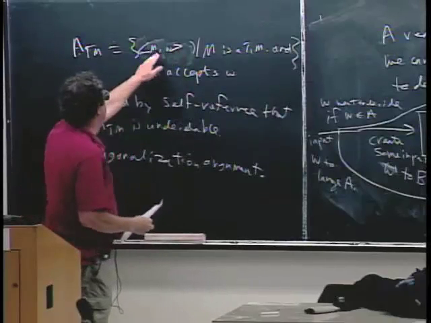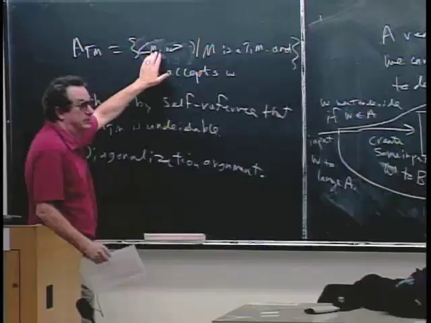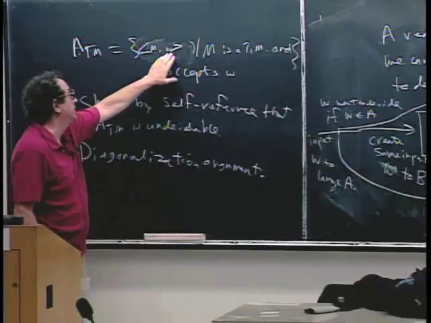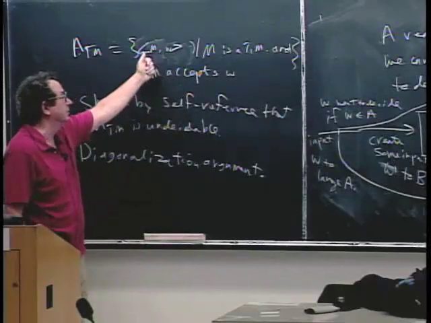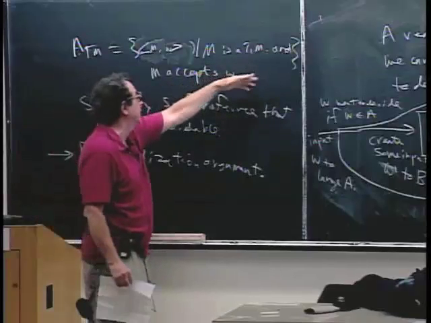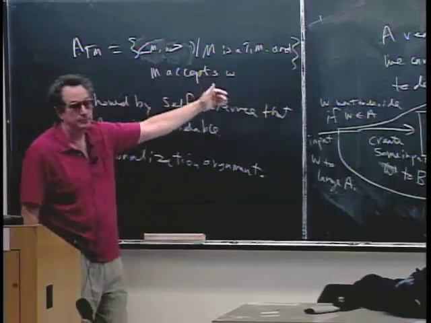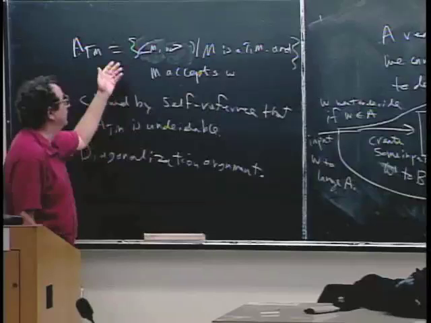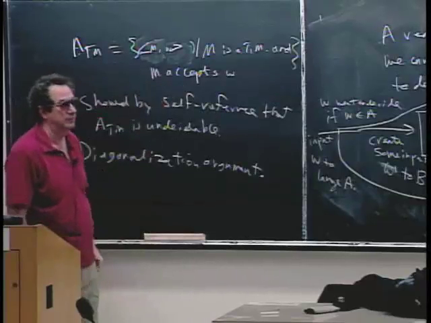What this is intended to mean is a description of the Turing machine M, followed by a particular input W. M is a Turing machine, and M accepts W. Okay? So how does this differ from halt?